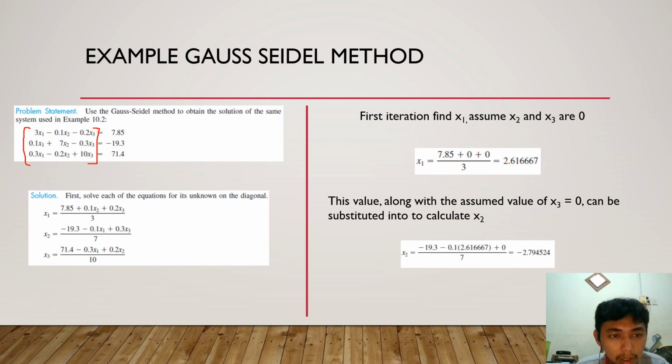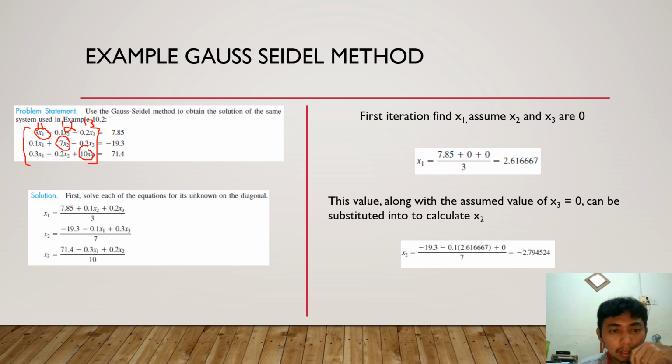This is element 1,1, element 1,2, and element 1,3. The diagonal is element 1,1, element 2,2, and element 3,3.